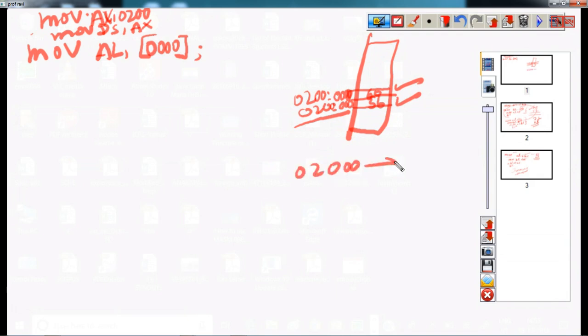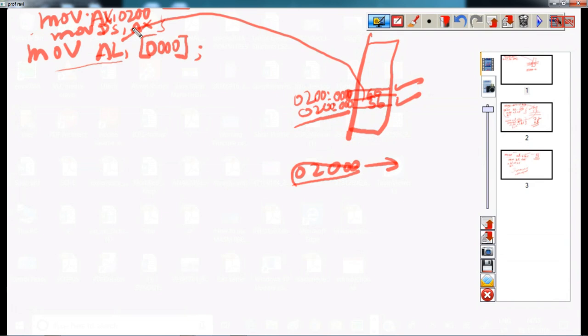This is my data segment address. So I cannot move this 0200 into DS directly. Then what I do is I move this 0200 into the AX register and MOV DS, AX. So the moment I write MOV AL, 0000, the data from this memory is going to be copied into AL.